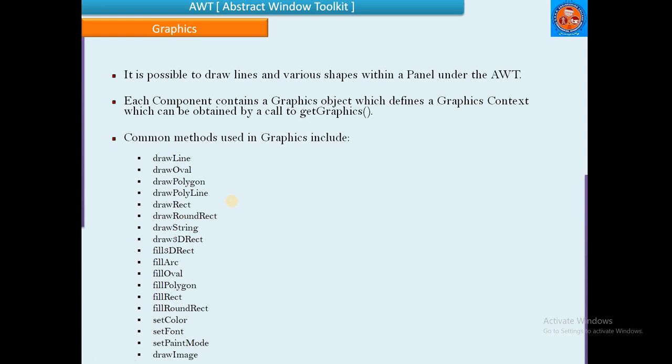This is about graphics. This is another class of the AWT, just like component. Graphics allows us to define line, oval, polygon, rectangle, string, 3D rectangle, arc, etc. Draw line is used to draw a line in a window, draw oval draws an oval on a window, polygon, rectangle, 3D rectangle on a window.